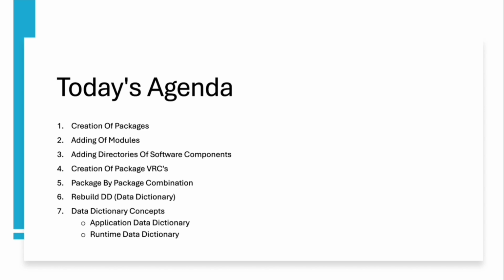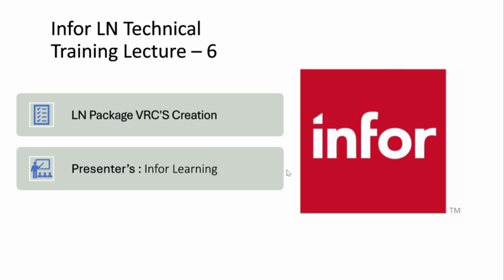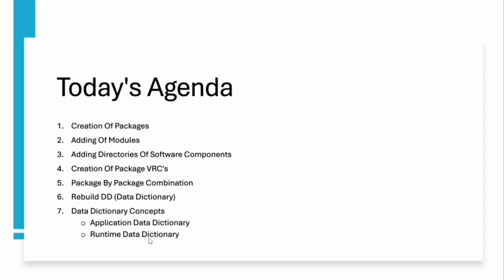I'm going to explain the concepts of how you can create custom packages, how you can add modules on top of the packages, how you can create the directories of software components for those custom packages, how you can create package VRCs, how you can do the package by package combination, what the concept of rebuild DD, the data dictionary, means, and what the runtime data dictionary means.